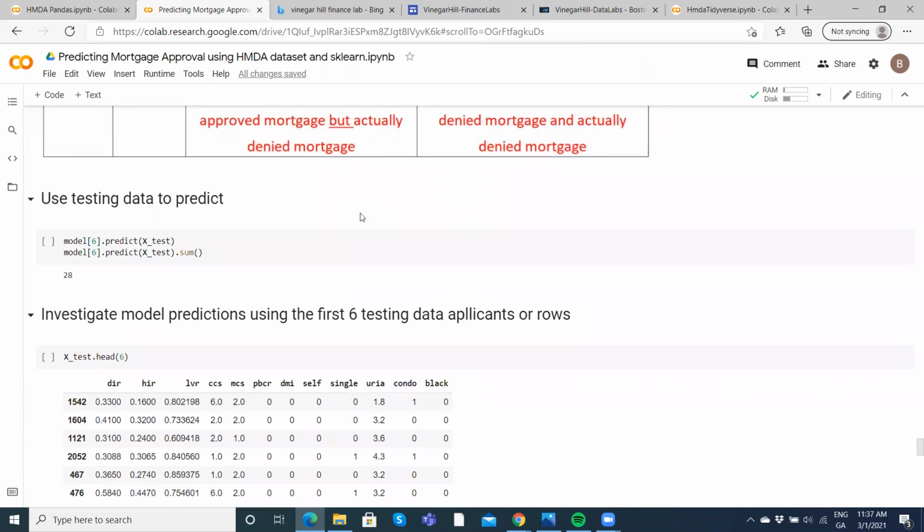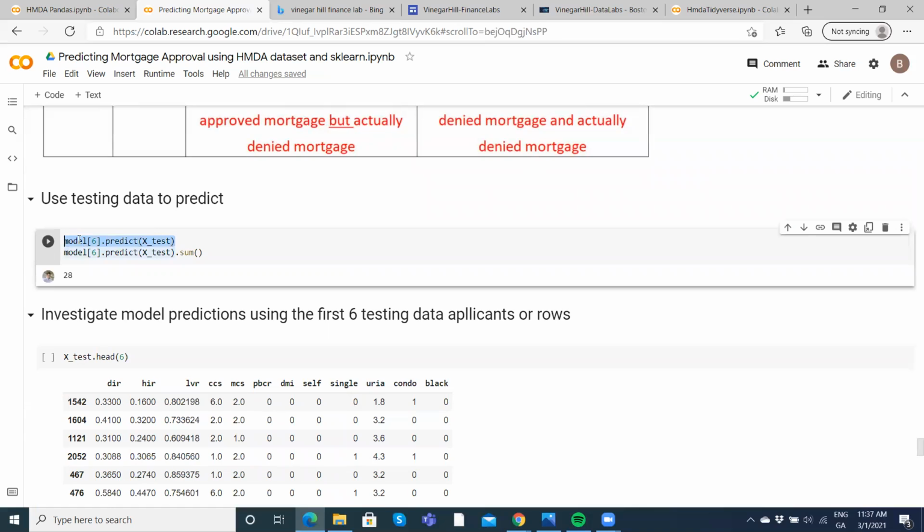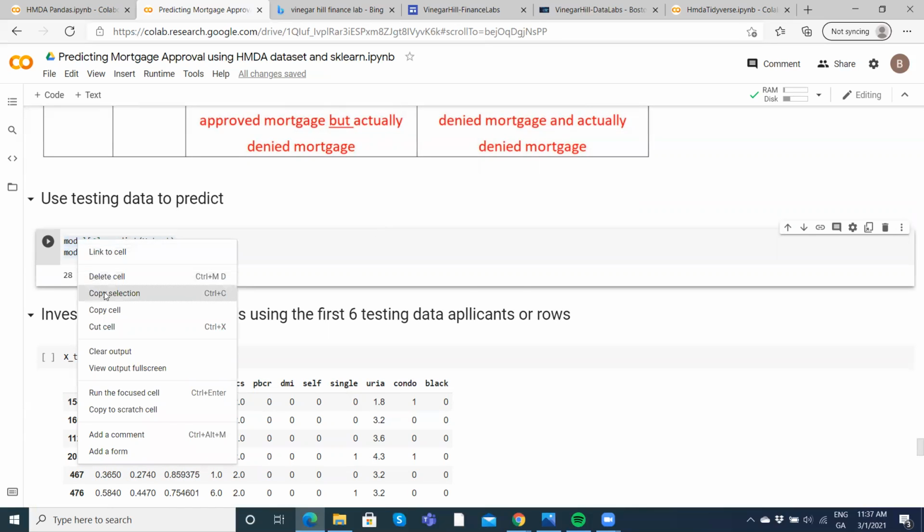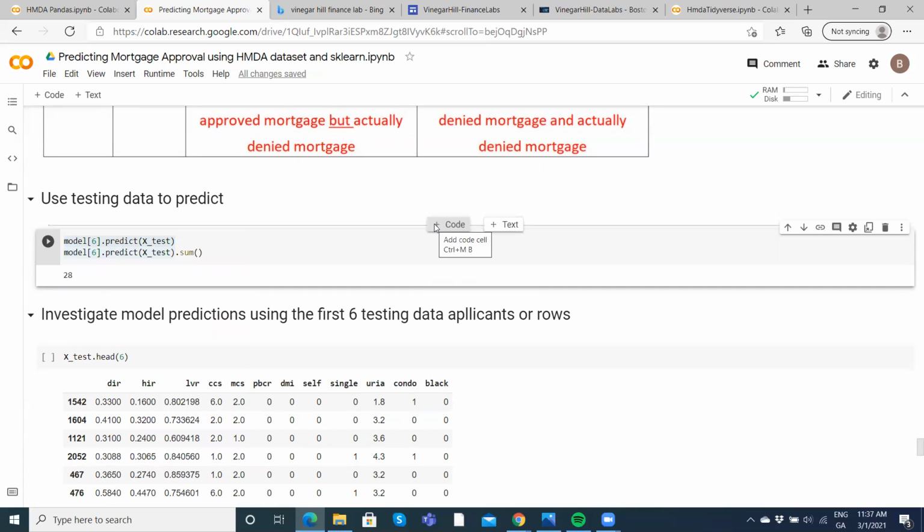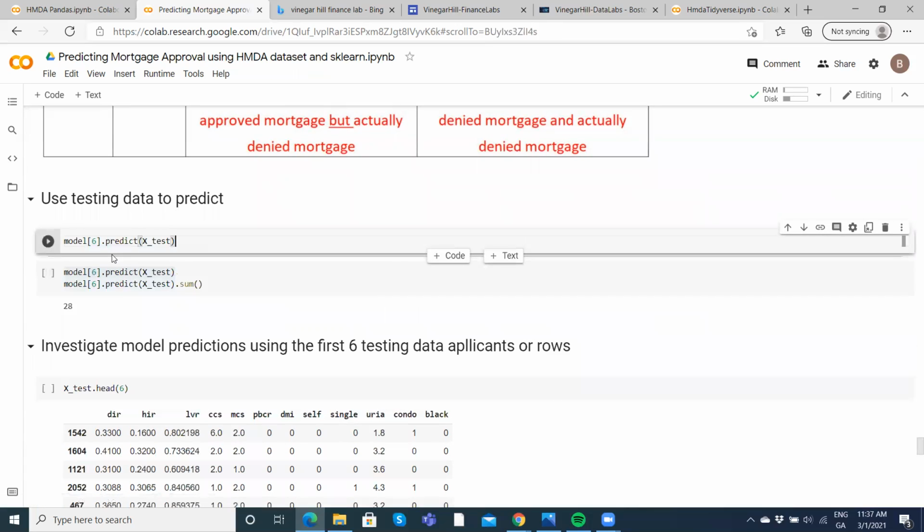Now, the next section, really what we want to investigate here is how do we use our models here to predict. So, for instance, if we took model 6, copy selection, and I go into model 6 here, control V, and let's say I want to take model 6, so that's the random forest model, and predict with the random forest model.